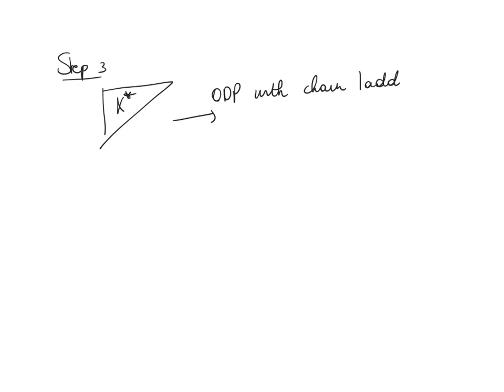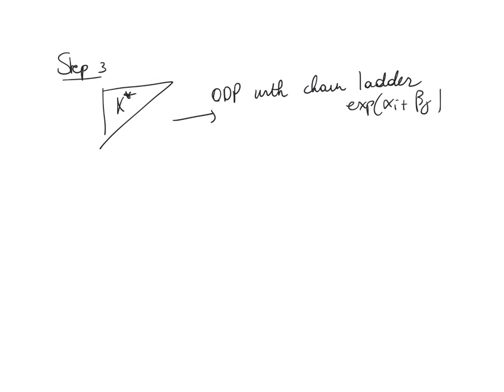We take the new triangle, X star, and we calibrate our ODP with Poisson, with the chain ladder structure for the mean, which means with a structure exponential of alpha i plus beta j as the mean, right?